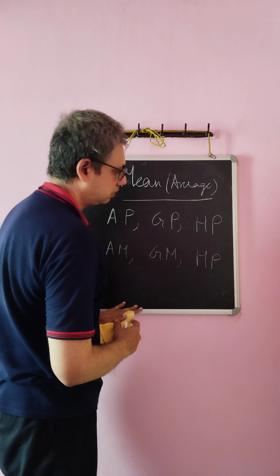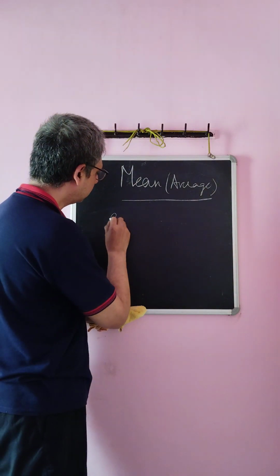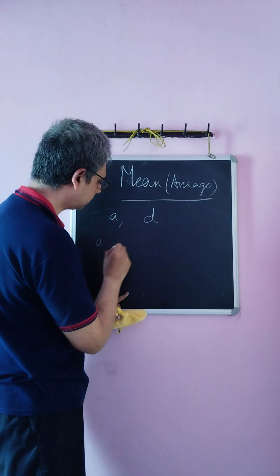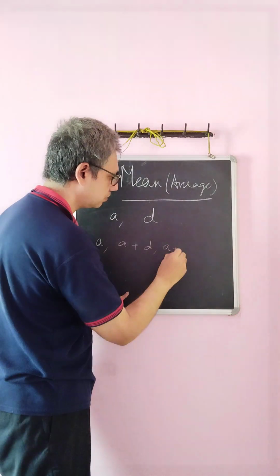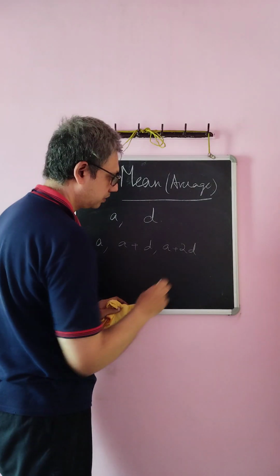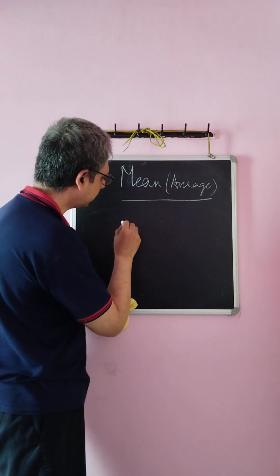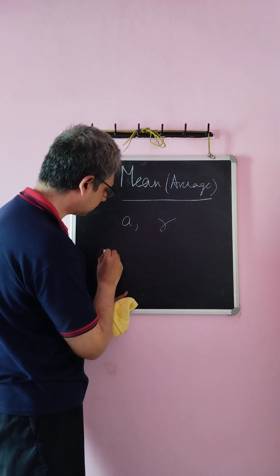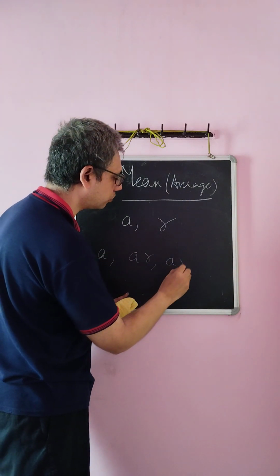Now, if A is the initial term and the common difference is D, then the arithmetic progression is A, A plus D, A plus 2D, and so on. Likewise, if the initial term is A and the common ratio is R, the geometric progression is A, AR, AR square, AR cube, and so on.